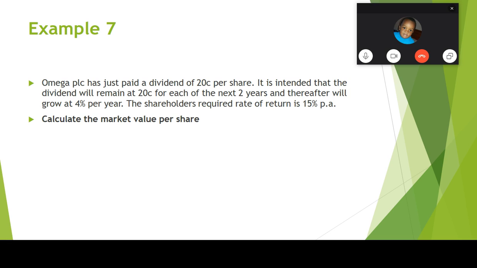The shareholders' required rate of return is 15% per annum. Calculate the market value per share. Just write this question somewhere so that we do it together.